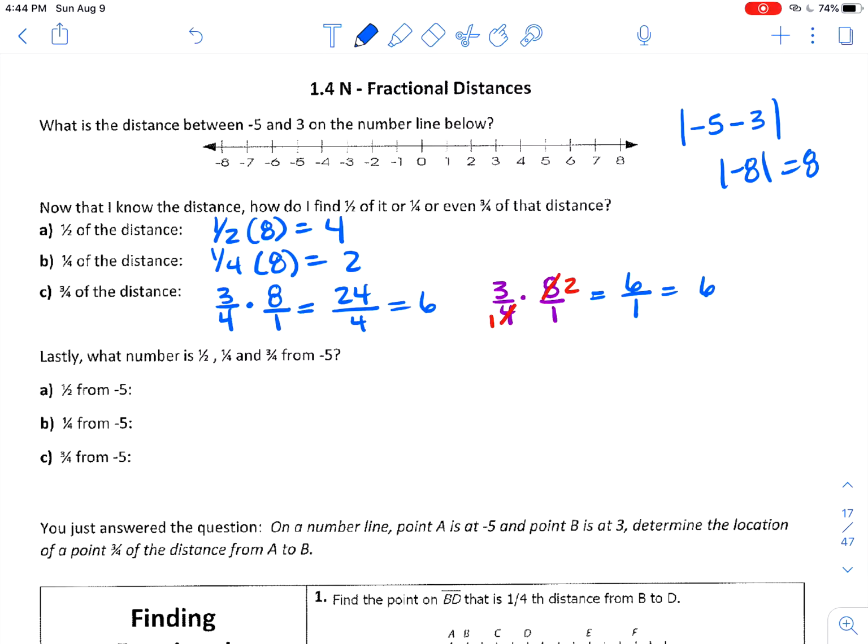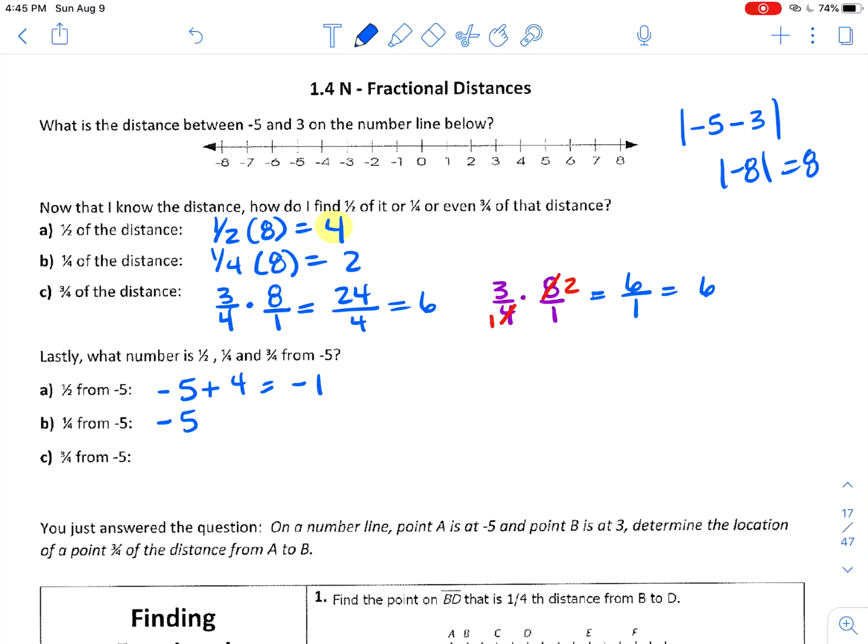So then lastly, what number is a half, a fourth, or 3/4 from -5? So let's start with -5 and add the distance that is half from that. So half of that was 4. -5 plus 4 is -1. What number is a fourth the distance?